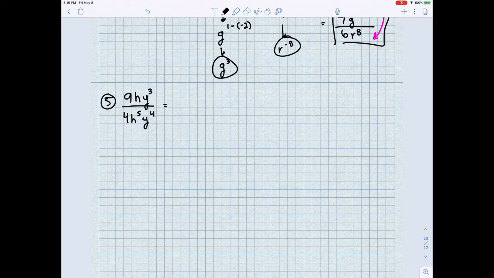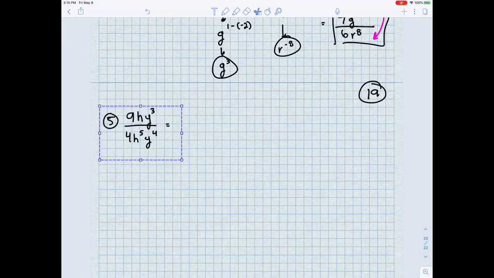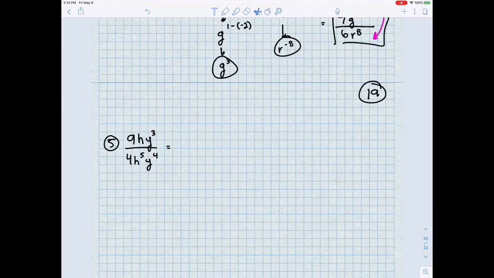So remember, I can split this, and I believe this is page 19. I can split this to look something like this. So 9 over 4 times h over h to the 5th times y to the 3rd times y to the 4th.